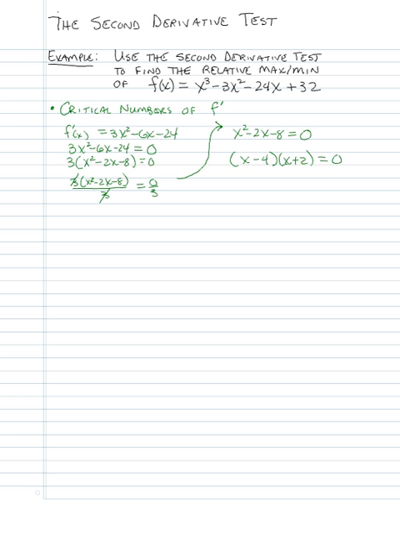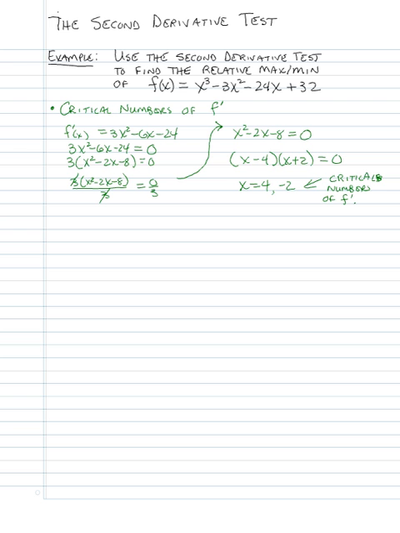So we can see right away that x equals 4 and x equals negative 2 are the solutions. Those are the critical numbers of f prime, and those are where we need to know whether we have maximums and minimums.